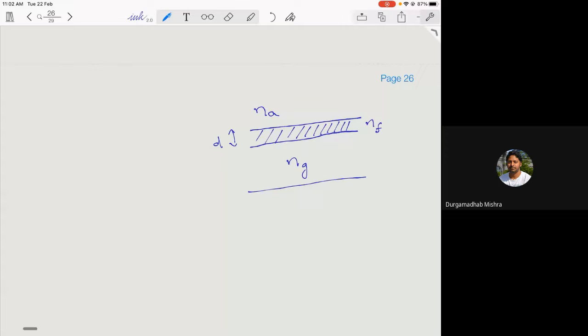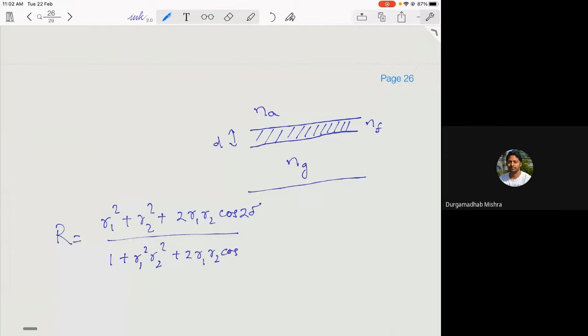And using Maxwell's formalism, we calculated the reflectivity, or reflectance, from the surface, which is given by (R1 square plus R2 square plus 2 R1 R2 cosine of 2 delta) divided by (1 plus R1 square R2 square plus 2 R1 R2 cosine 2 delta).